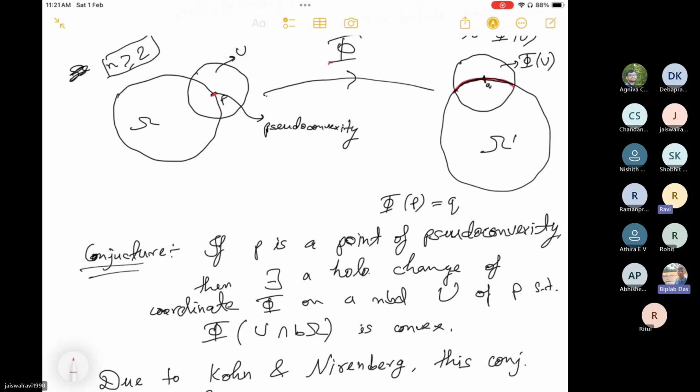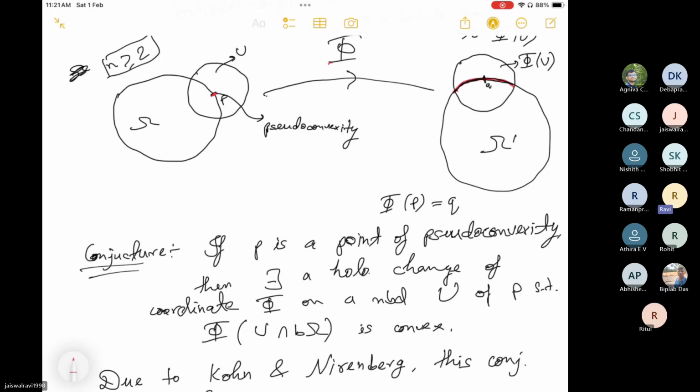Like for a manifold, we know that there is a coordinate change such that we can make the domain look like the upper half space, something like that. But that map may not be biholomorphic.